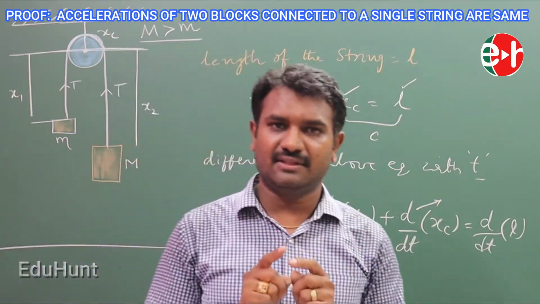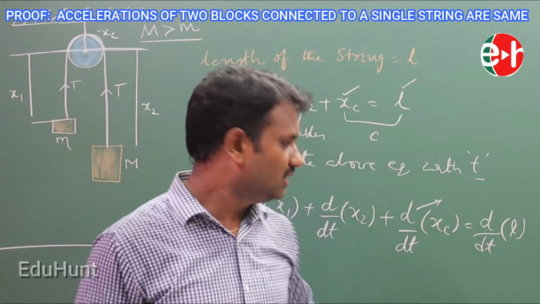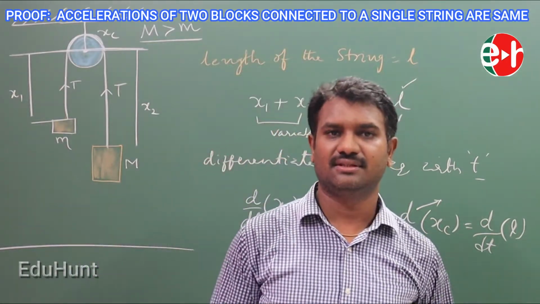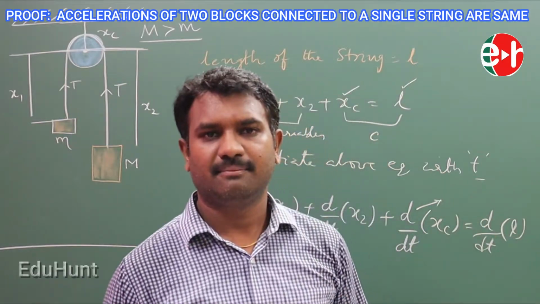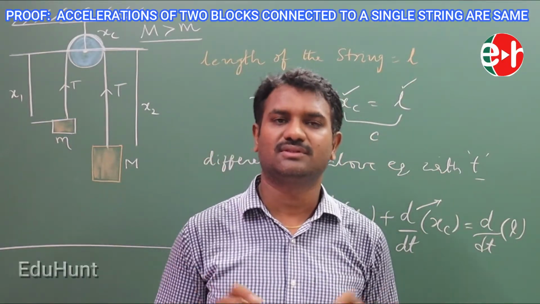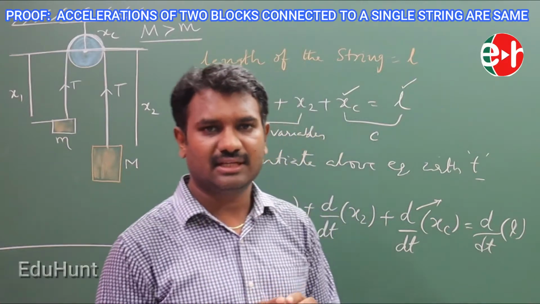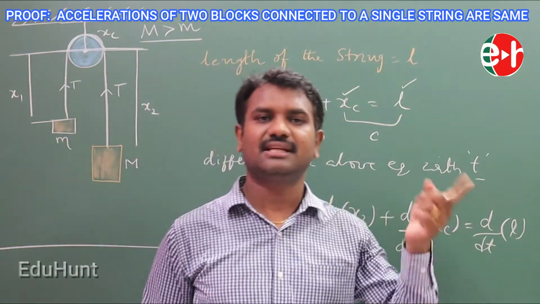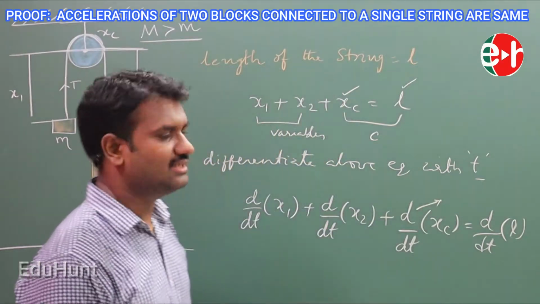See, if you are perfect with the differentiation, you can understand this part. If you are not perfect with differentiation, go to my previous lectures, mathematical tools for physics. There I have given enough idea about differentiation. Revise that and come back, then you can understand this easily.